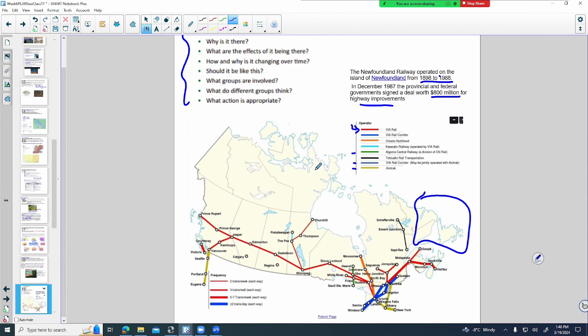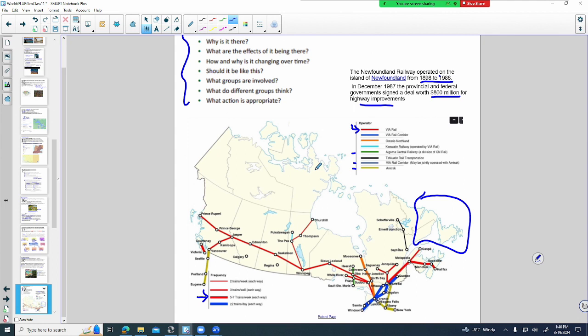And then it shows you the frequency of the trains. So the heavier line, it operates 5 to 7 trains per week, and then you see the skinny 2 trains per week. So that's what we're seeing here now in Sioux Lookout is showing 3 trains per week each way.